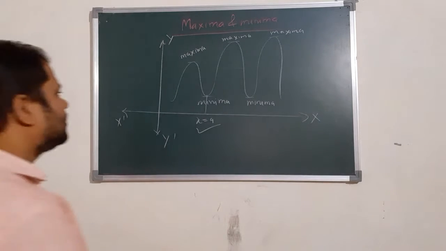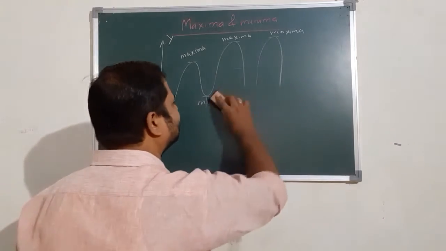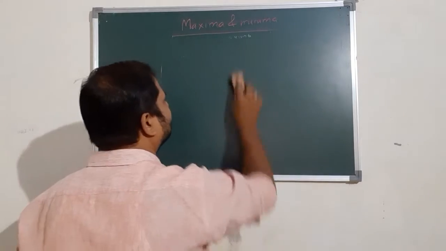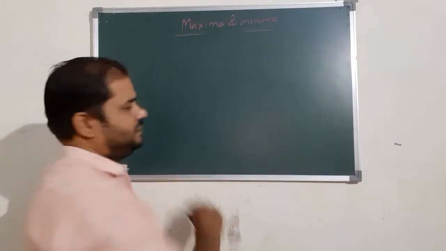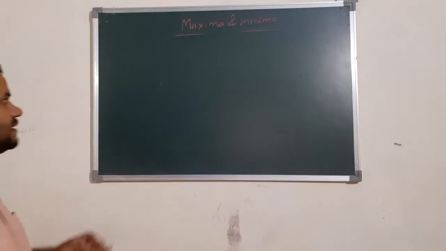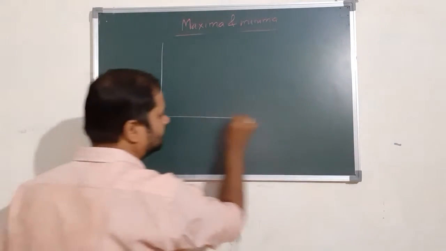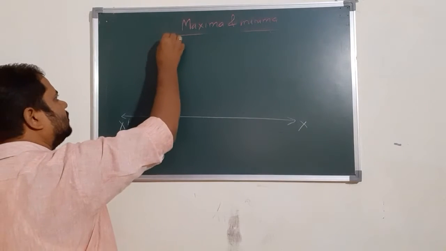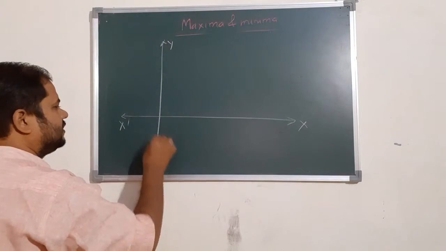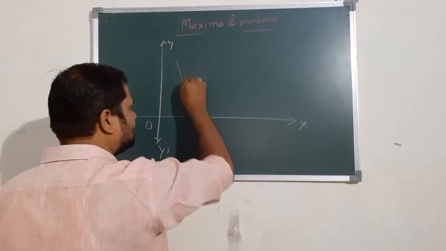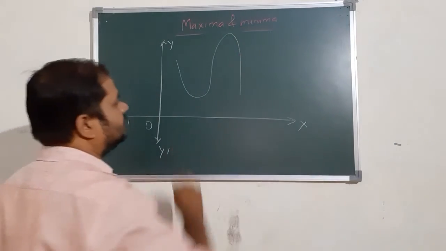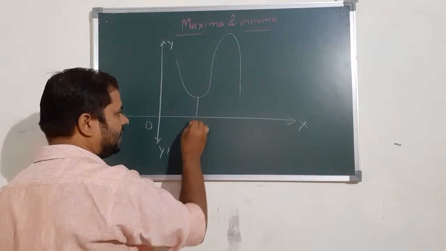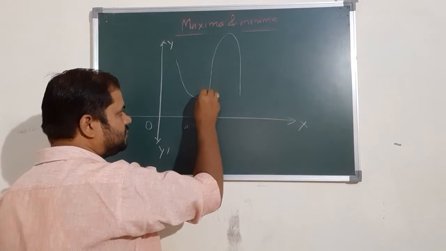Okay, so suppose we consider x equals a, with x dash, y dash, and origin. So this is the minima. Suppose x is equal to a.